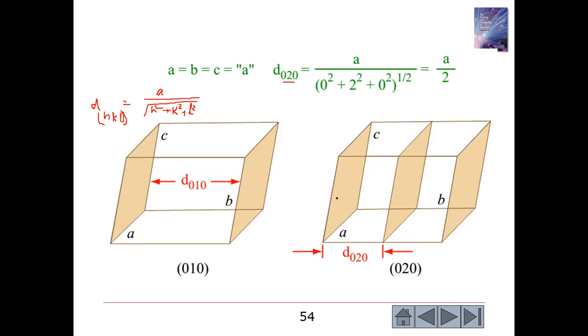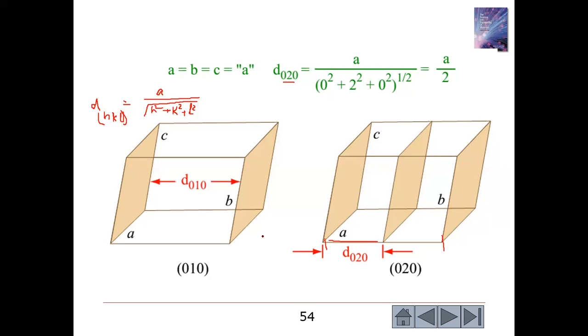So if you look at this, d 0 2 0. So what is the distance between these two parallel planes? A divided by the square root of 0 square plus 2 square plus 0 square. So it is A by 2, and you can see it from here. This is A. This completes from here to here. It is A. So this is half of A.